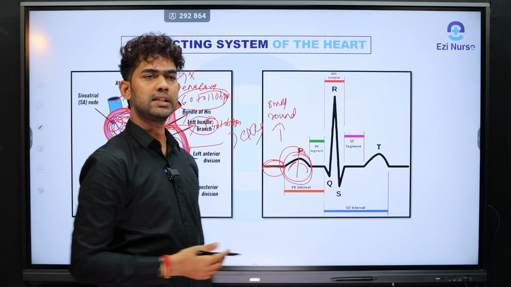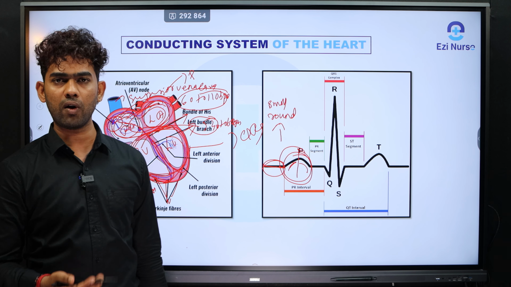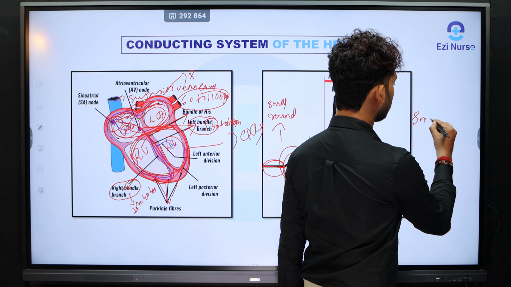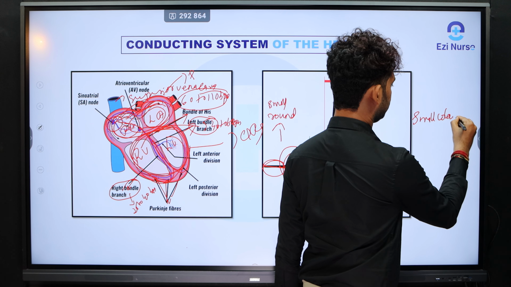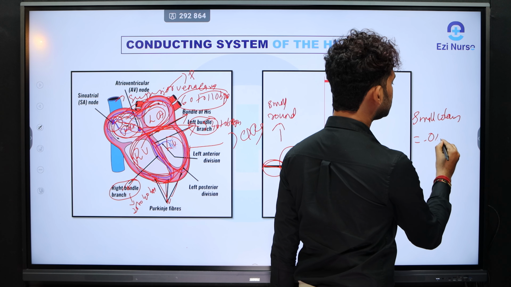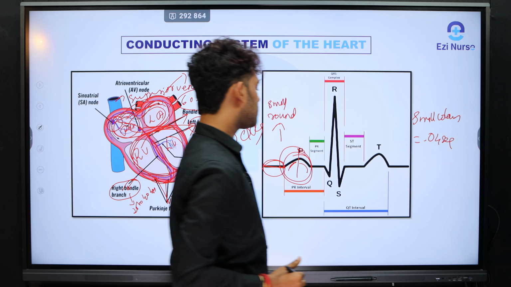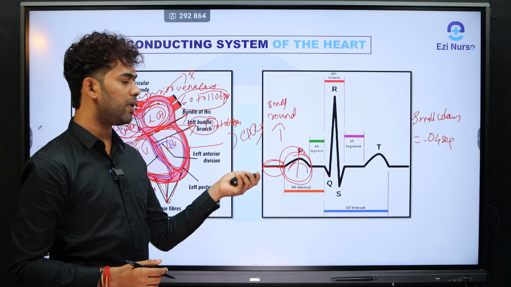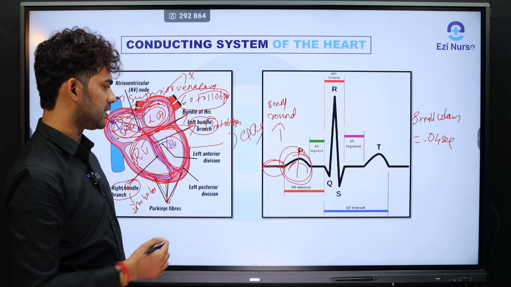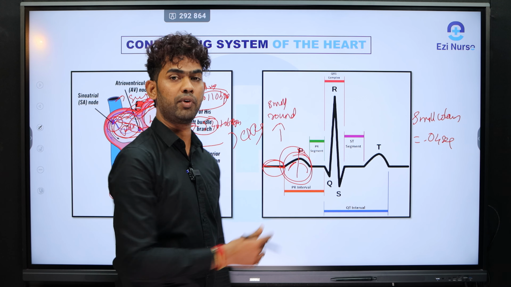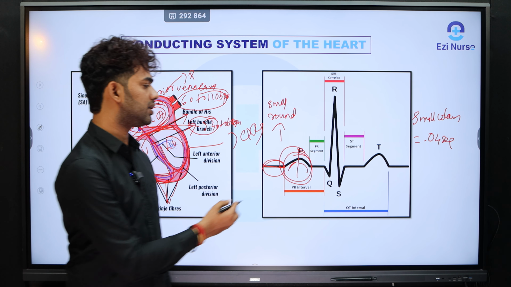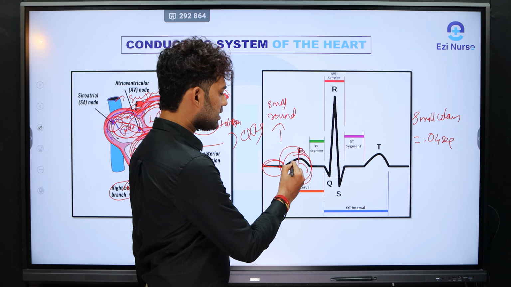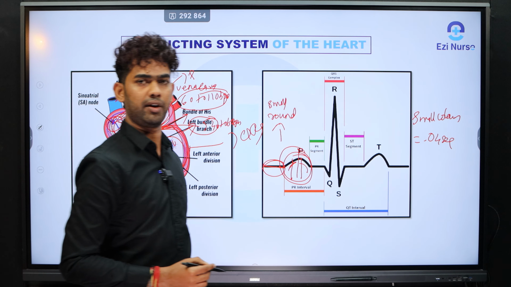In the ECG you can see that there will be some columns, and each small column will be 0.04 second. First we are discussing the P wave. The P wave is forming as a result of atrial contraction. When you get an ECG, first you should look at the P wave. The shape will be round. Then you can assess how many columns are in the P wave.